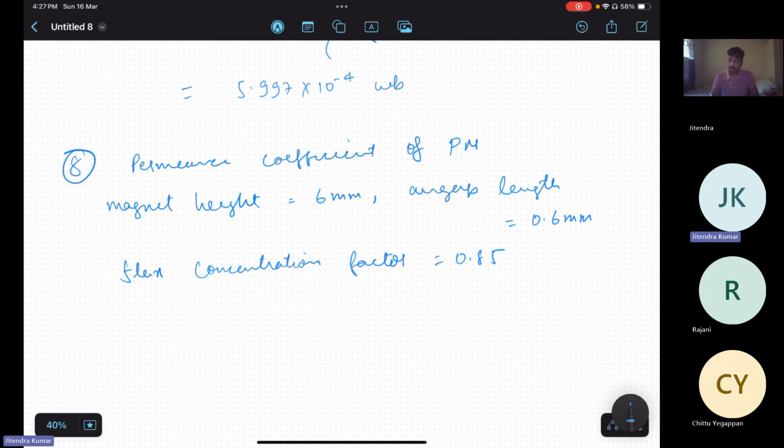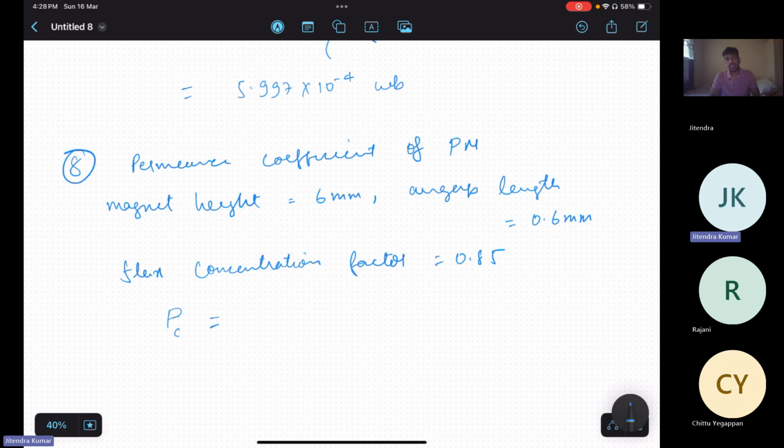Now we have to calculate the permeance coefficient. What is the expression of permeance coefficient? Pc equal to mu naught into mu r into L by A. The area we are not given, so that equation would not be much helpful.